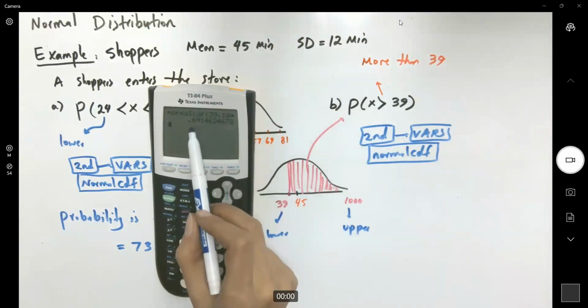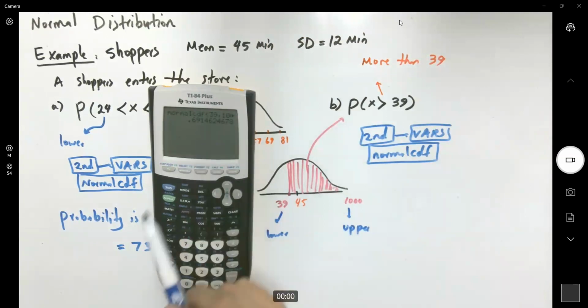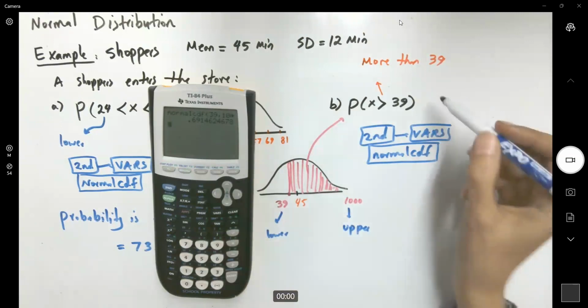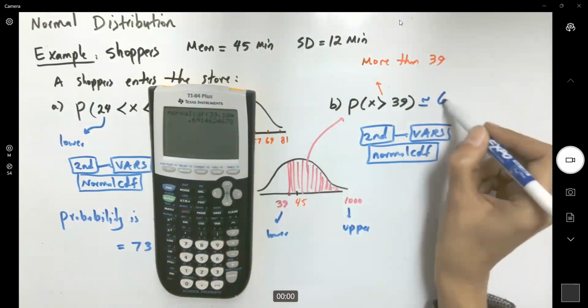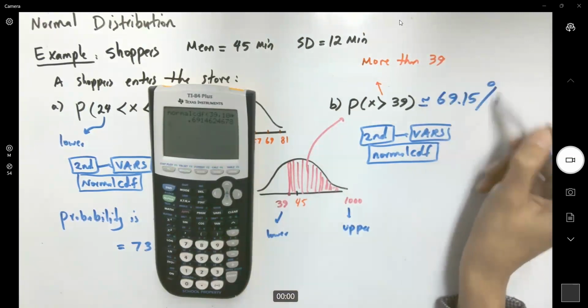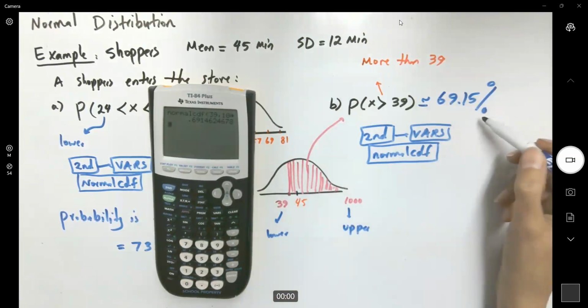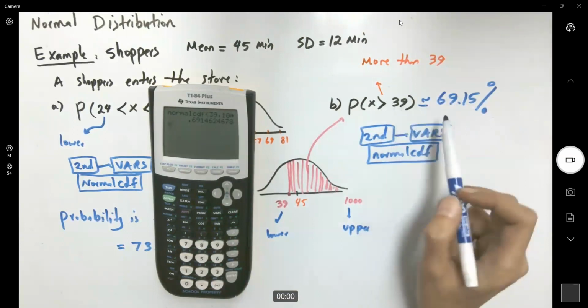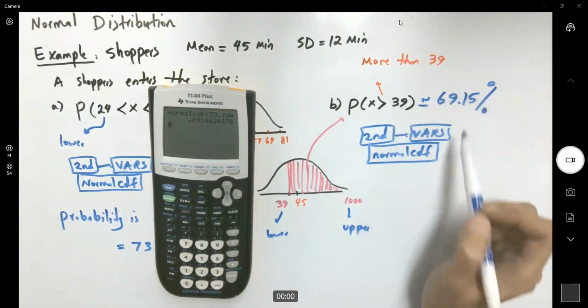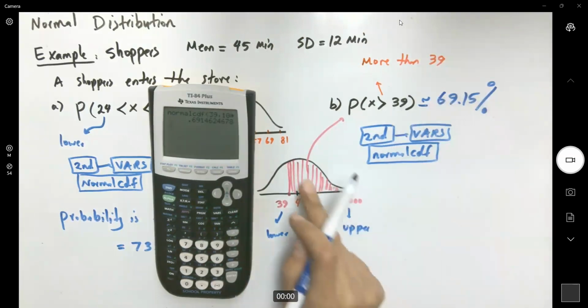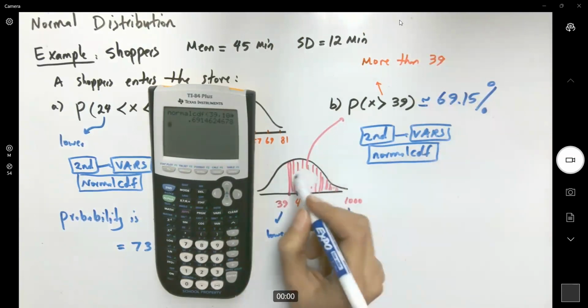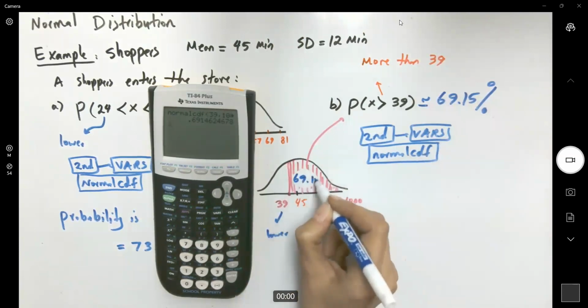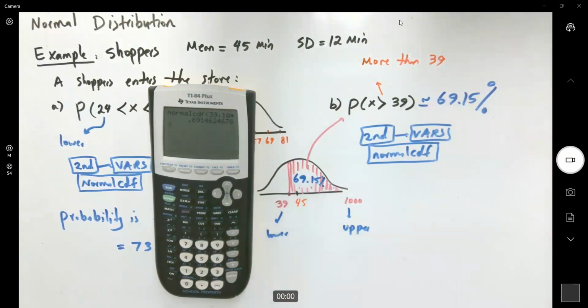It says it is 69.15%. So the probability that a person enters the store and spends more than 39 minutes in the store is about 70%. This area is almost 70% or 69.15%.